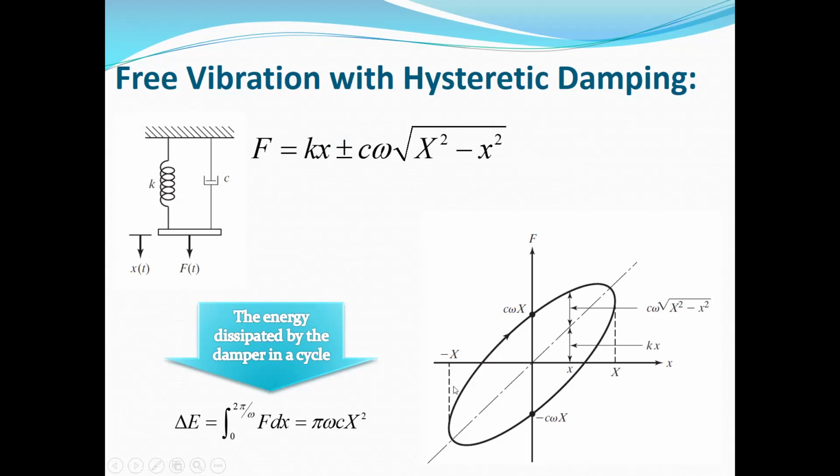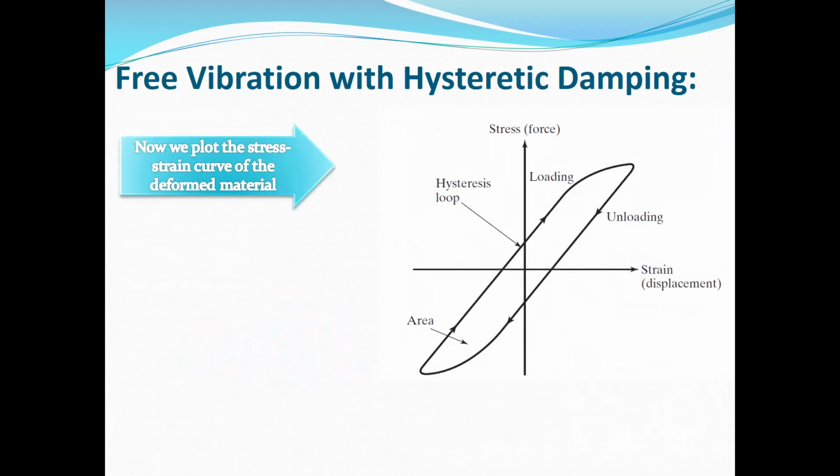And we can now plot the same diagram for a system with hysteretic damping. From the strength of materials, you know that you can plot the stress strain or force displacement diagram, something like this, in a flexible structure, which is a curve for a complete cycle of loading and unloading.